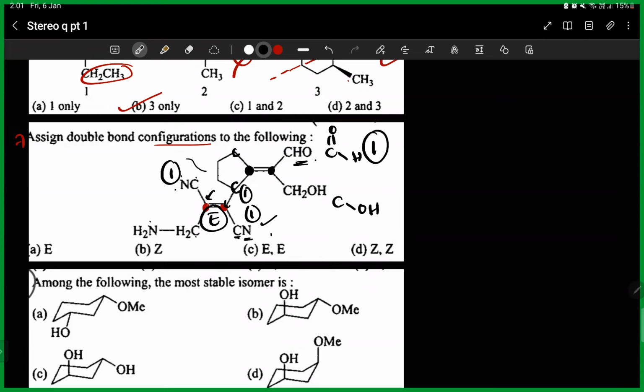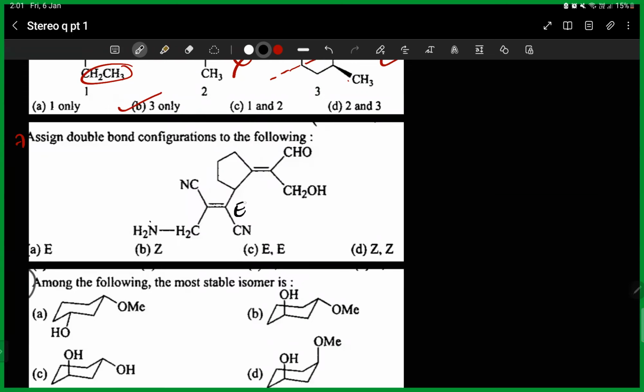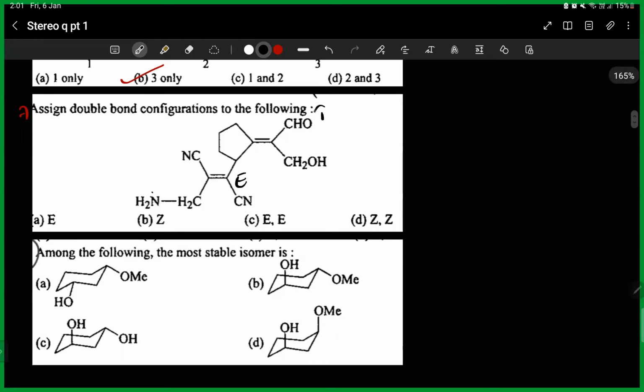And this carbon is connected with a normal carbon, and it is again connected to hydrogen. So you have the first point of difference here. So this will get more priority. I'll write it simply. So here we got E, right? But here the first priority went to the aldehyde and the first priority went to this group. So the higher priorities are on the opposite side, so it will also be E. E, E will be your answer.